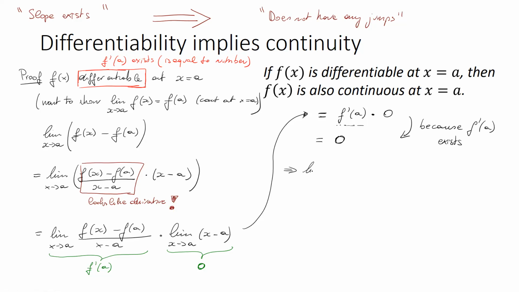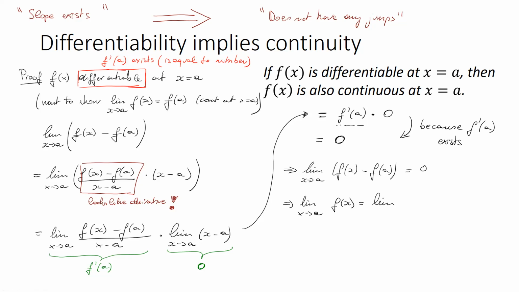And so now what does all of that buy us? Well, we have that the limit of f of x minus f of a is equal to 0. And what does that tell us about the limit of f of x itself?